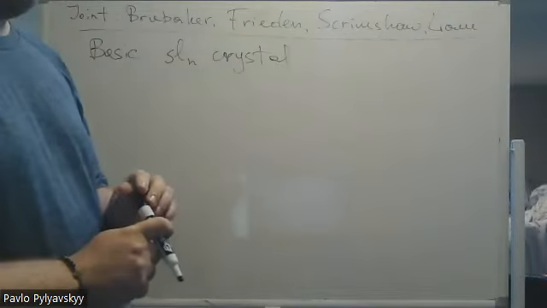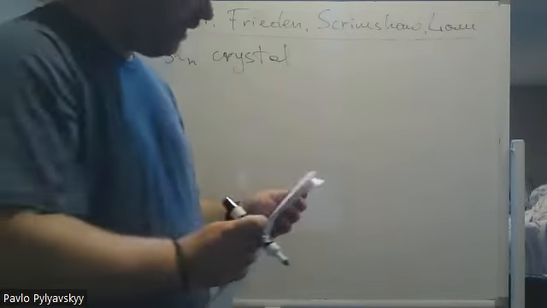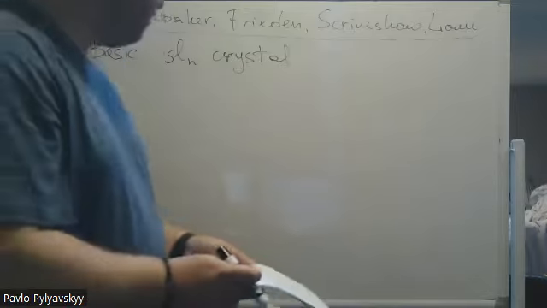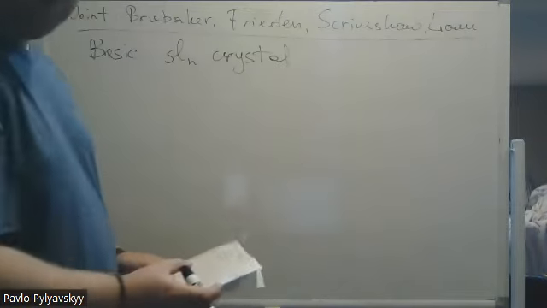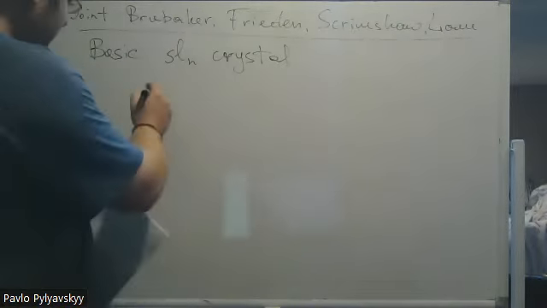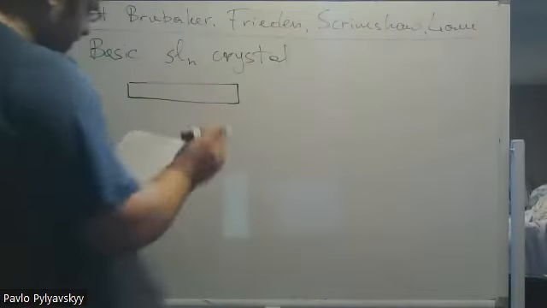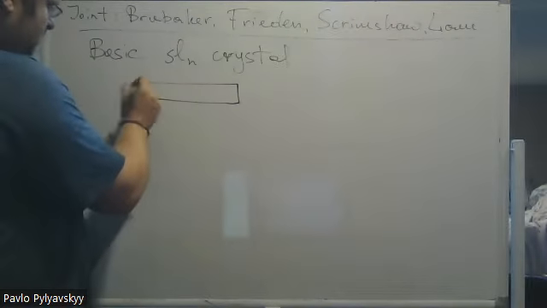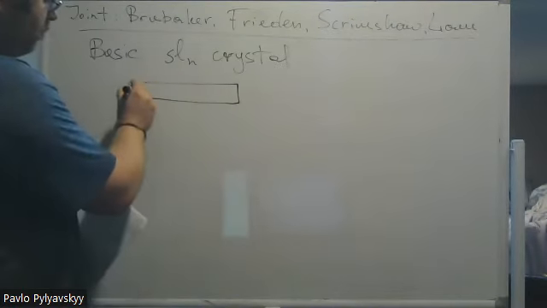I will keep saying more and more about them, but I will not give a definition from scratch because it would take too long and not be very helpful. So just go with me as I show you, starting with this basic example. The basic SL_n crystal is a certain graph connecting objects like this.